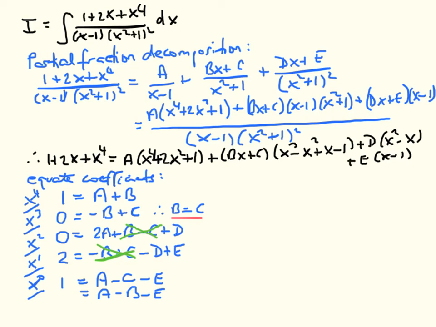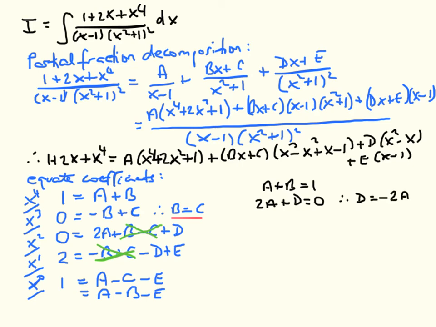So let's write out these equations explicitly so as to see what we're doing. So we have a plus b is equal to 1. We have 2a plus d is equal to 0, so that tells us d is minus 2a.